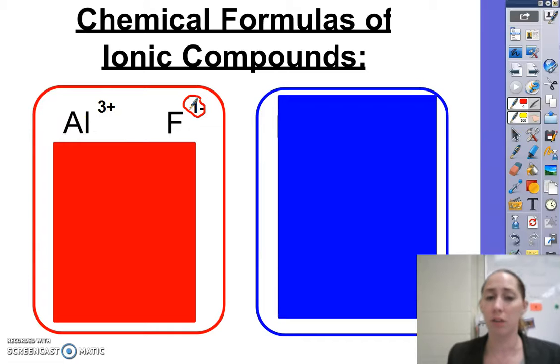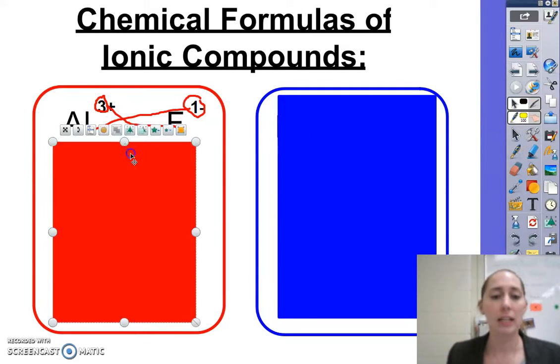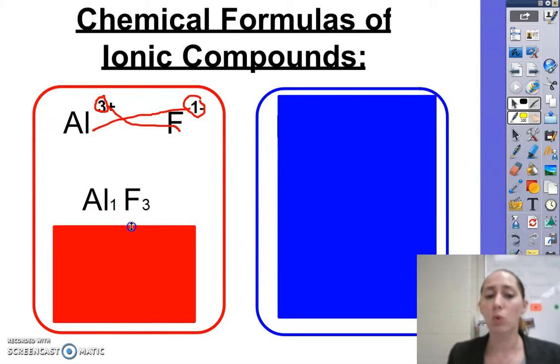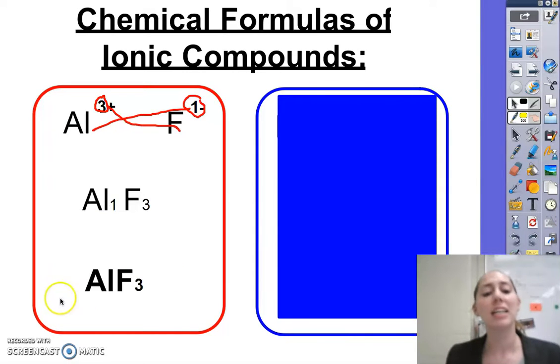So the 1 of fluorine goes down next to the aluminum, and the 3 of aluminum goes down next to fluorine. This gives us Al1F3. But you know that in chemical formulas, we don't have to write the 1, it's just implied. So our final chemical formula is AlF3, so aluminum fluoride. This means that it takes 1 aluminum atom to balance out the charges of 3 fluorine ions.